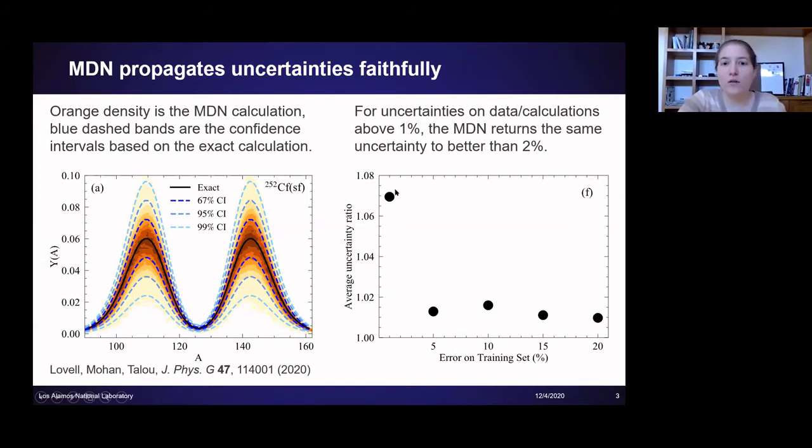We have a little bit more trouble when we go down to, say, 1% uncertainty that we're assuming on our simulated data, but again, we're still within 10% of what we put in, and I think that's pretty good. And there are probably ways that we could augment these types of neural networks, or even how you construct your training set, that would make this even better.